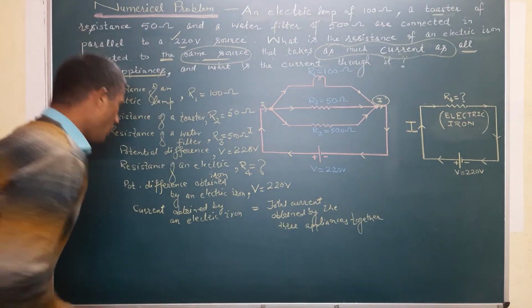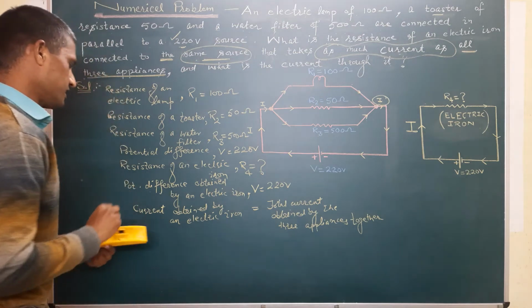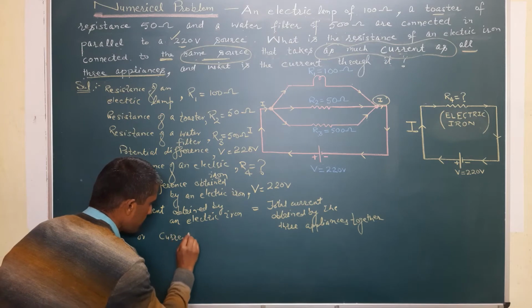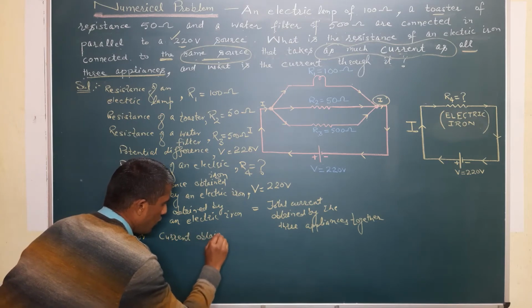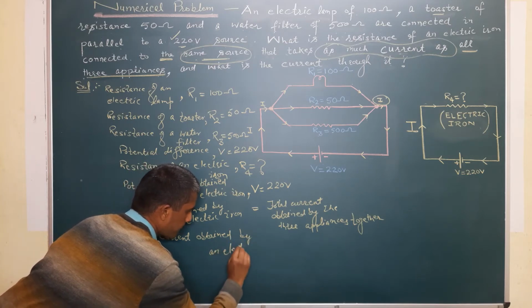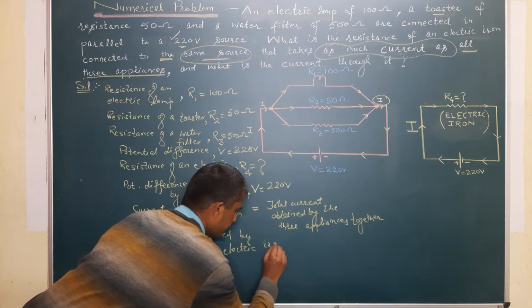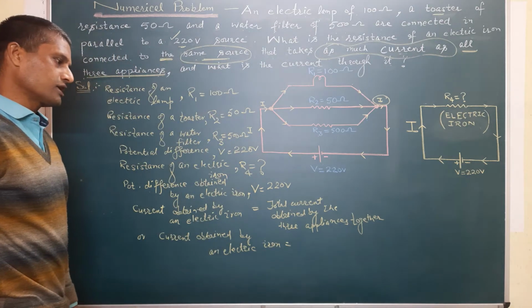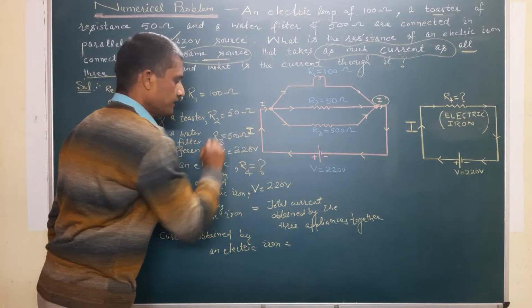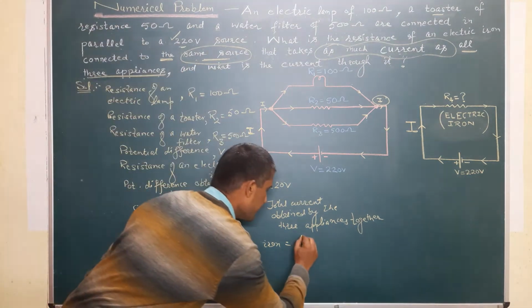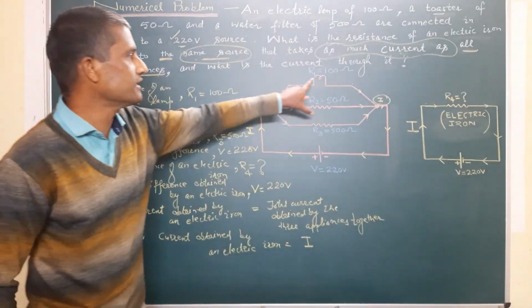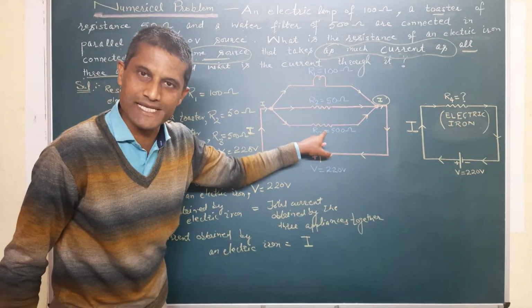And the total current we have taken over here is I, where I is equal to the total current being received by these three appliances together.